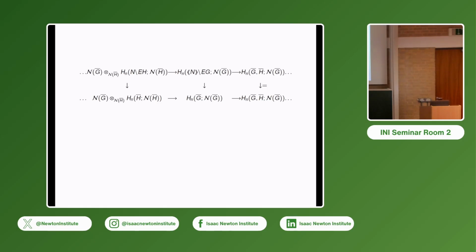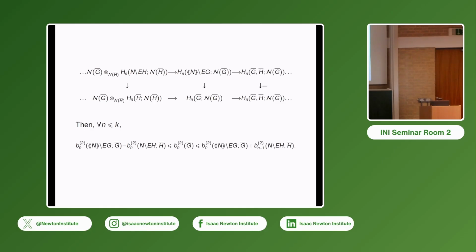Notice that if I apply my dimension function, this will give me the L2 numbers of G bar. This will give me the L2 numbers of H bar. This will give me the L2 numbers of the pair. And here I will have the L2 numbers of the other terms that I wanted to compute or relate. Because H was abelian, the L2 numbers of H bar will vanish.